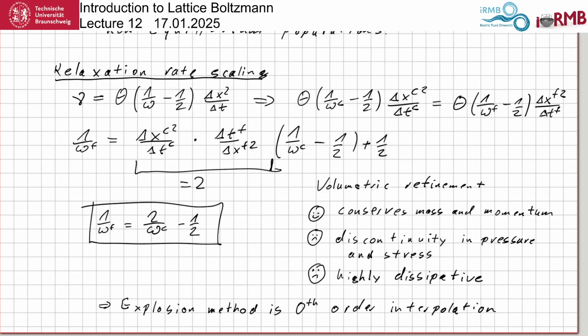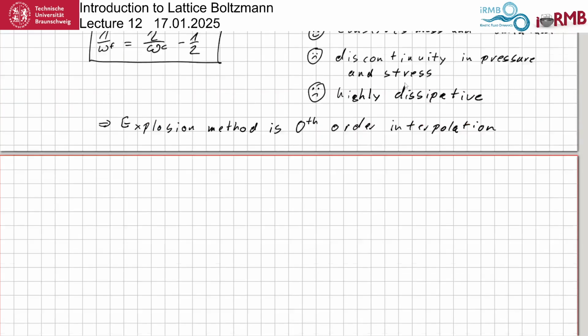It's just like measuring the temperature in Hanover and then being asked what is the temperature in Braunschweig, and you simply say, oh, it's the same. The next neighbor interpolation. As we're going to see, this is not sufficient.